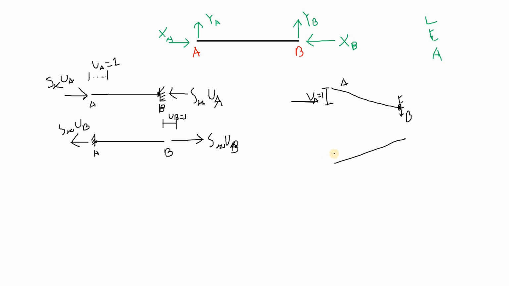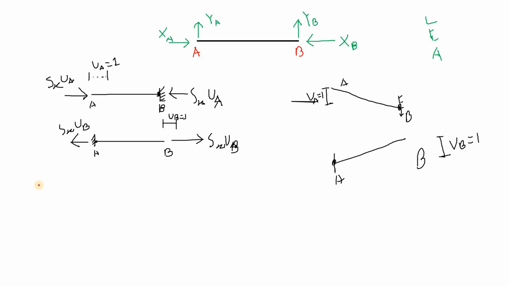This time this is A, this is B, and here we have VB, which is 1. So we have these four scenarios, so we can now write equilibrium equations for these scenarios.